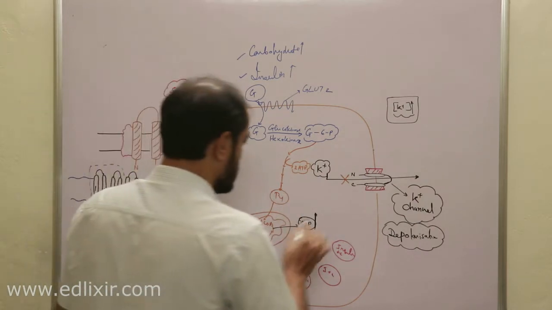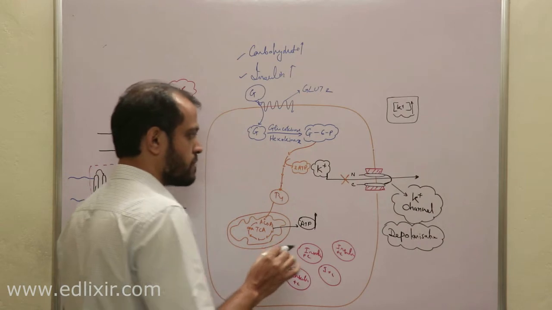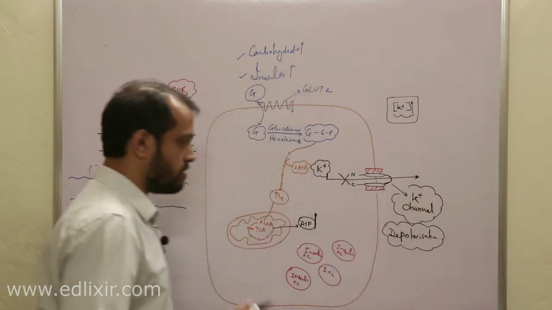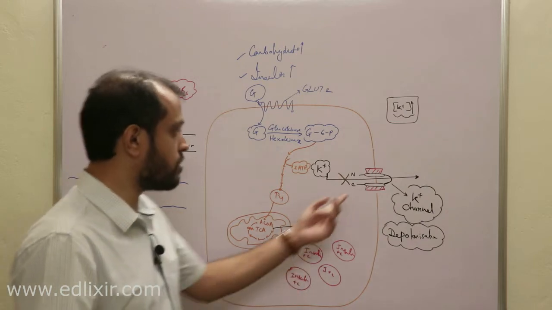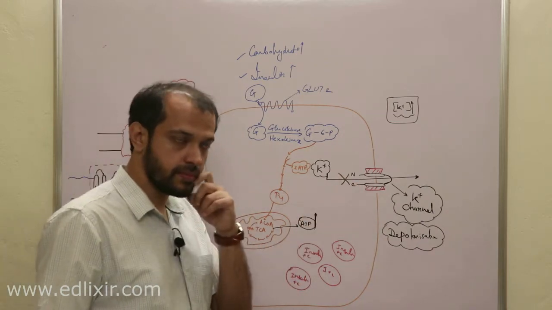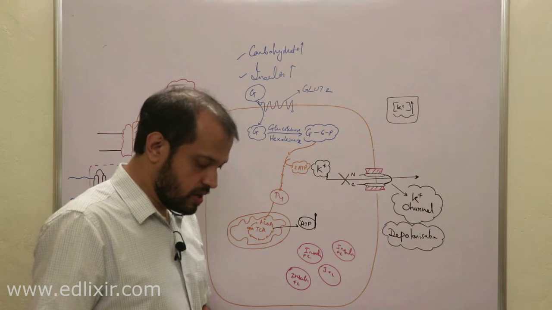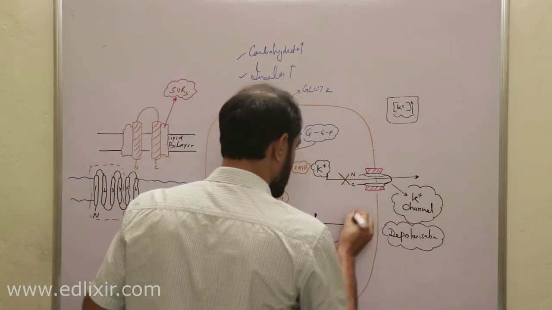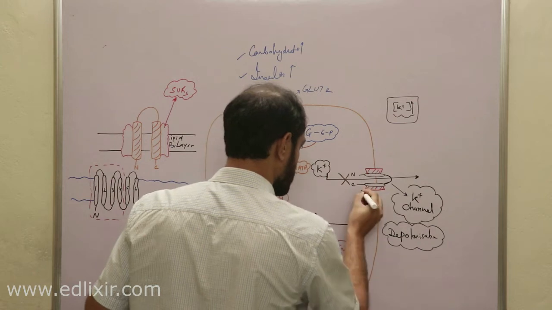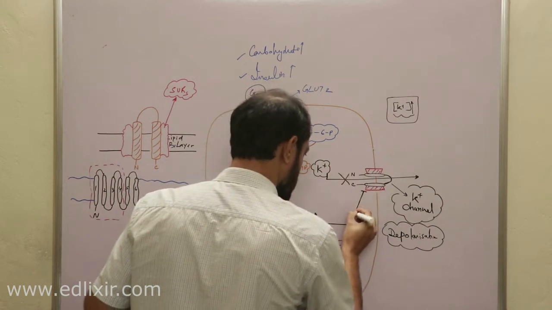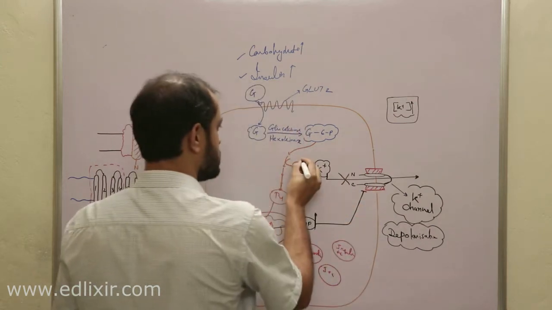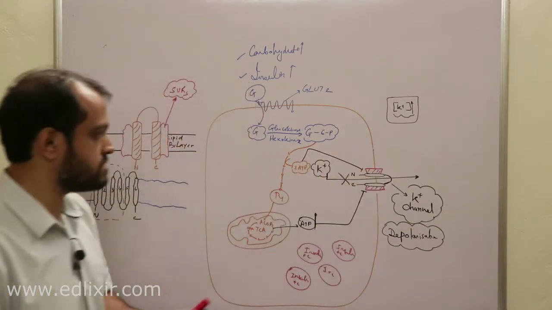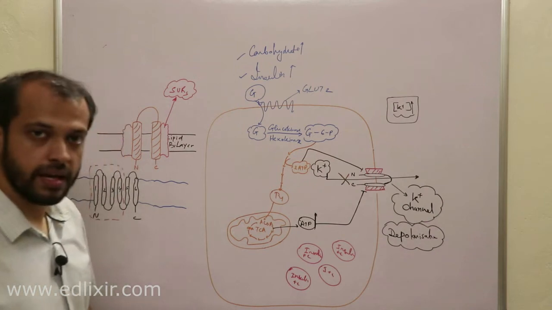Now you need to understand a very basic thing, that you want to end this potassium efflux. A very important point, that means you will have to block this particular channel. To block this particular channel, what you need is ATP. ATP actually inhibits this. Clear?